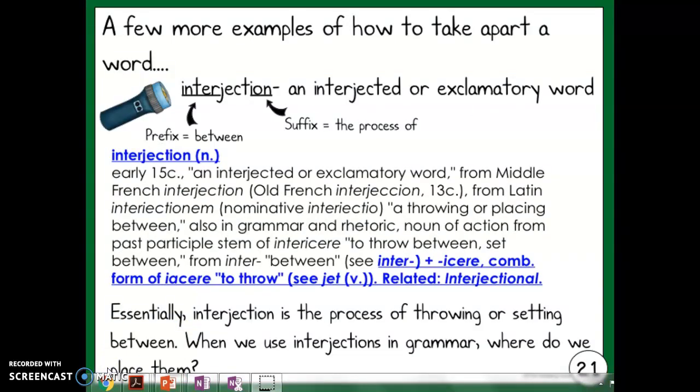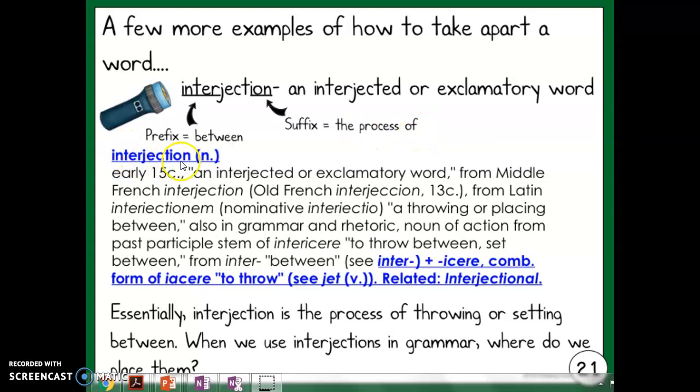Here's another example to take apart. Interjection. This is the word interjection, an interjected or exclamatory word. So here you have the prefix inter, and remember we just learned that meant between, and we have the suffix tion on the end of this one, which whenever you see that suffix, it means the process of something.